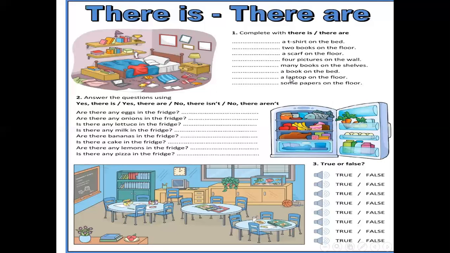So we come to another one. A book on the bed. How many books are on the bed? It's just one book. So in this case, do I use there is or there are? Oh, very good. I use there is because it's followed by a singular noun. There is a book on the bed.